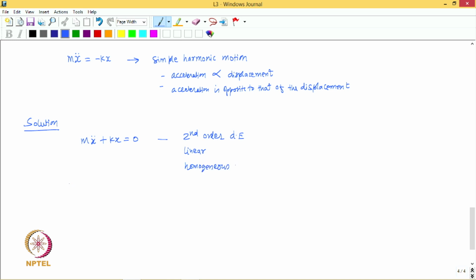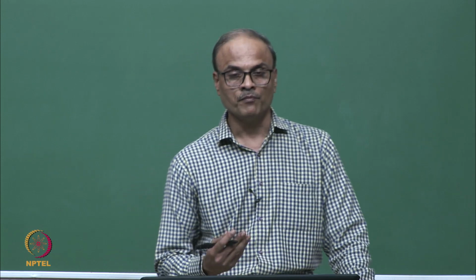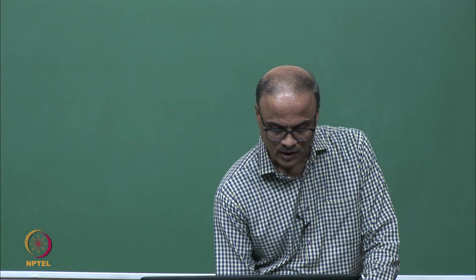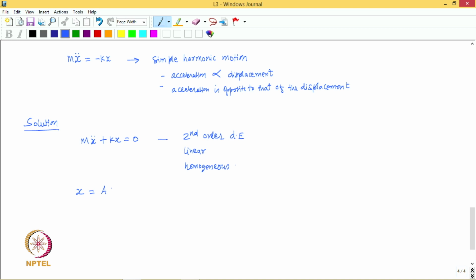So now the solution of this equation should definitely represent a simple harmonic motion, and simple harmonic motions are represented by, we can say one solution is a cos omega t.